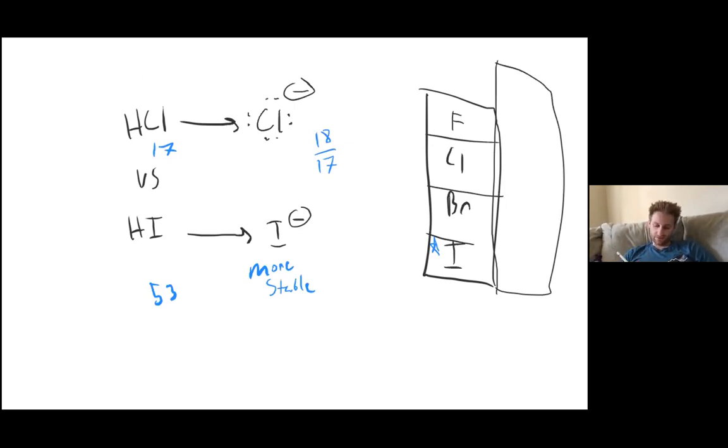Versus with iodine, you'd end up with 54 electrons with 53 protons. So the overall charge difference is a little bit smaller. It's a lot easier to distribute. I don't know what percentage this is, but it's quite a small difference versus here where you're ending up adding a lot more total charge to your molecule, because you're going to have 53 protons to balance out your 54 electrons in the iodine. You only have 17 protons to balance out the 18. I'll probably do the math on that.